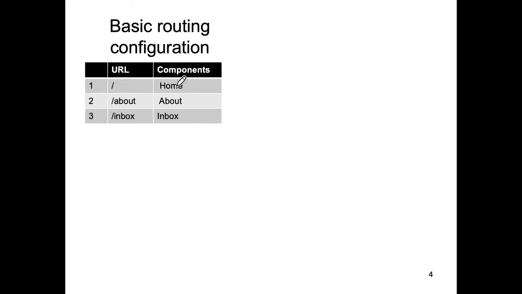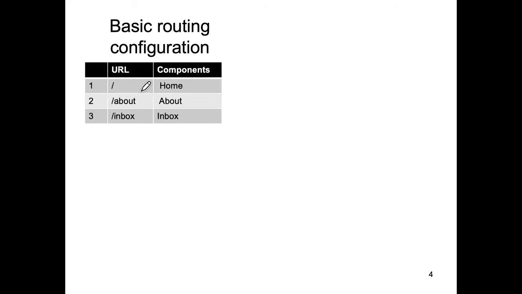That component may have children and a whole hierarchy underneath it, but home will be at the top of that hierarchy. If, however, the browser's URL changes to this, then the home component is removed and the about component is swapped in instead, and its children are now active. Similarly for this third scenario, there's no link between the name of the component at the top of the hierarchy and the URL. That's just coincidental.